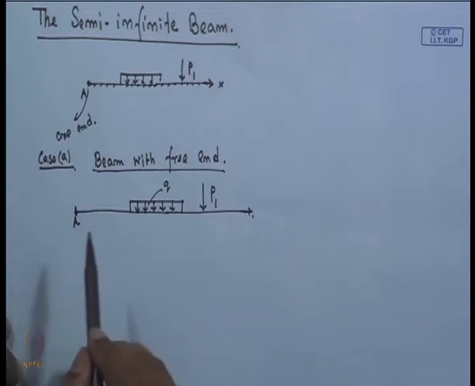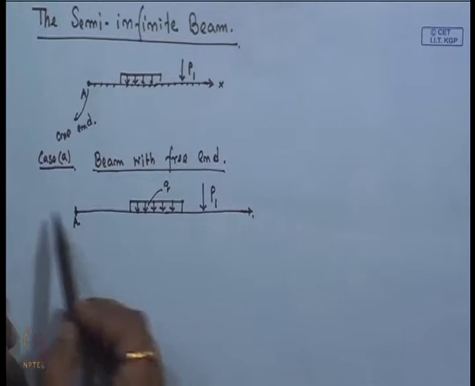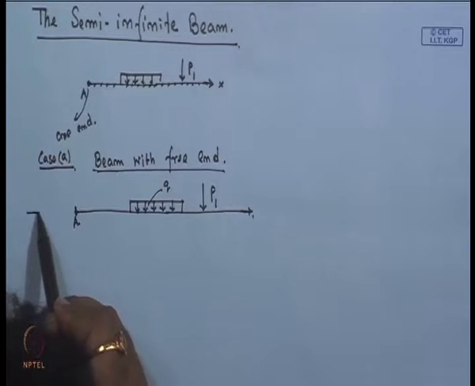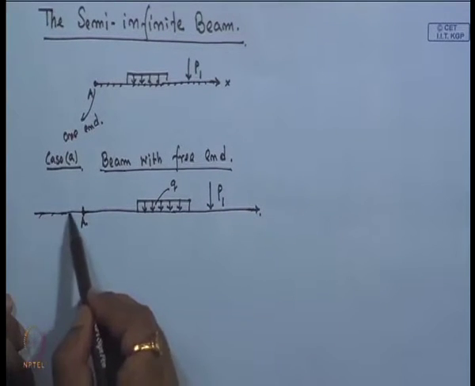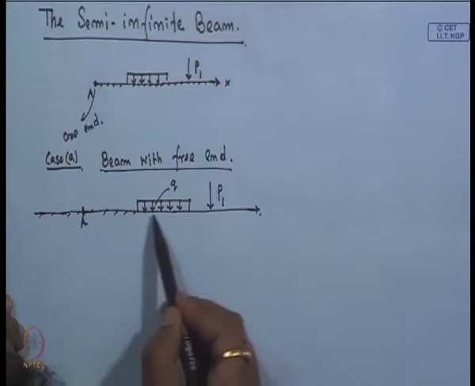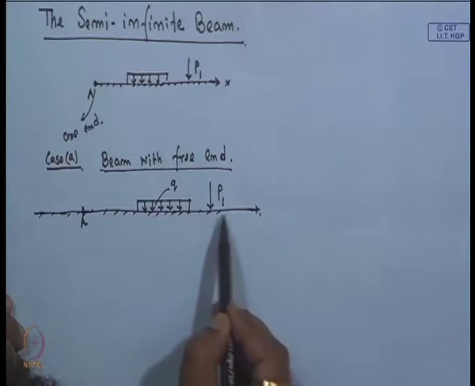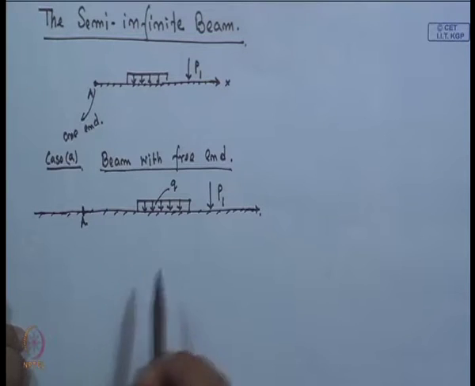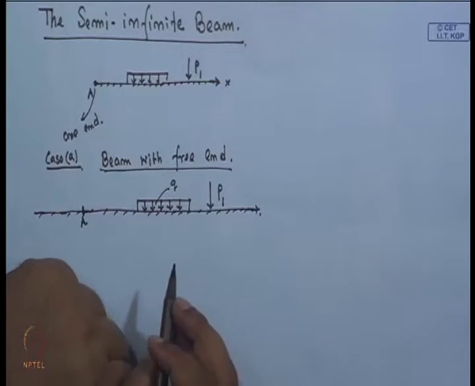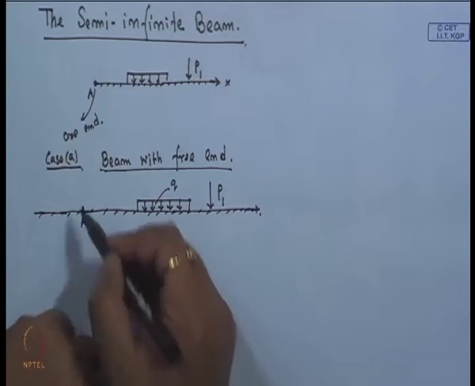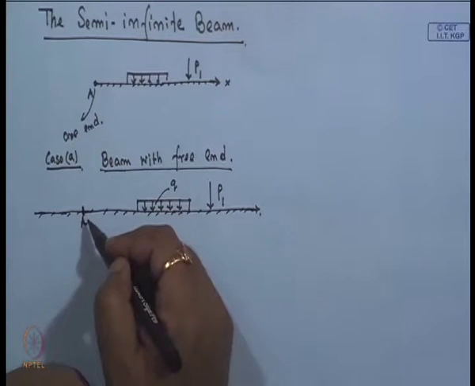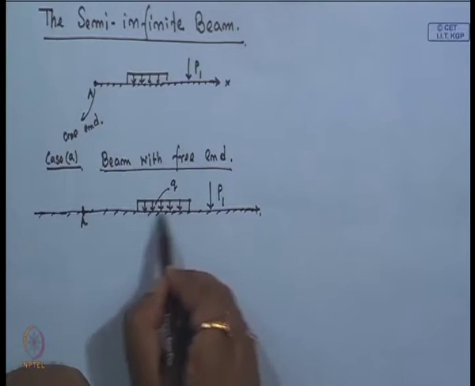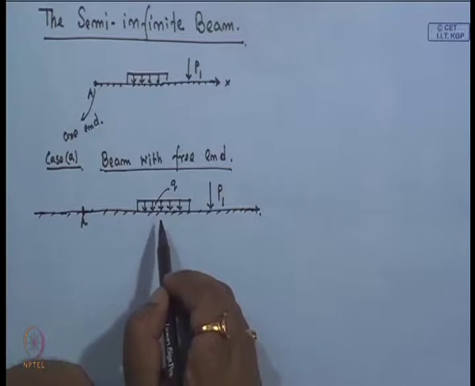First, we will consider this as an infinite beam, that means this end is also extended in the other direction. Now, if we consider this is an infinite beam, it is assumed that this point A has a moment m A and a shear force q A due to the application of this external load.